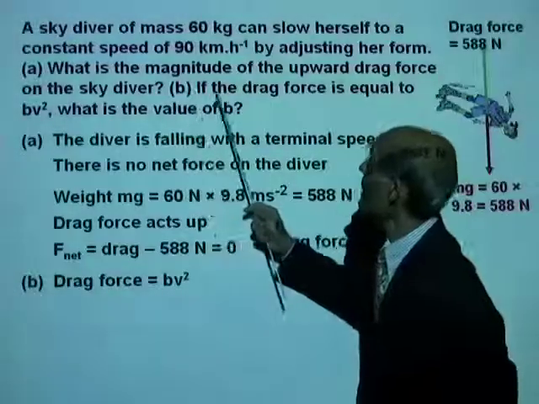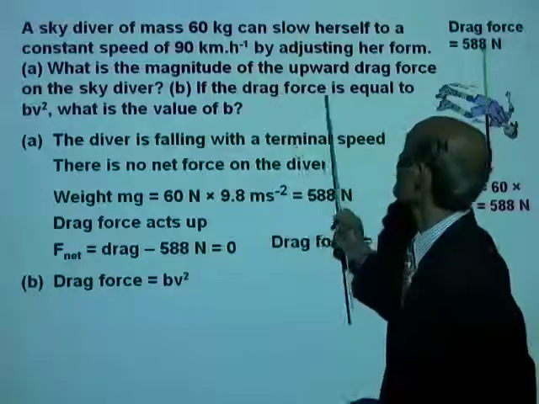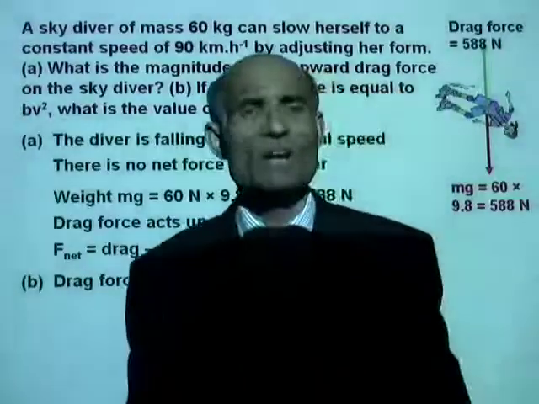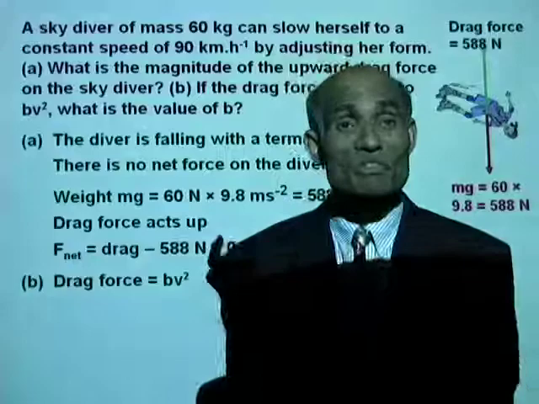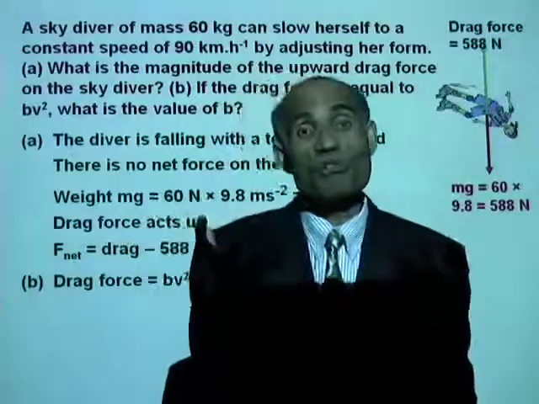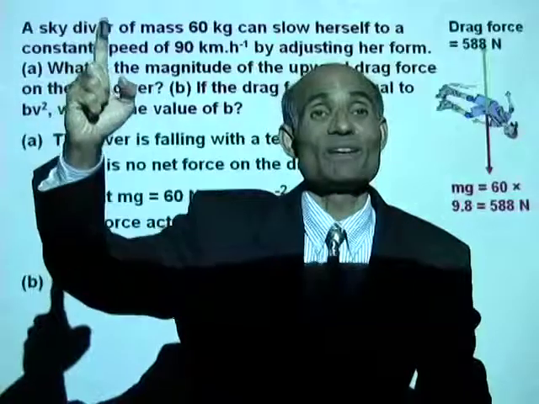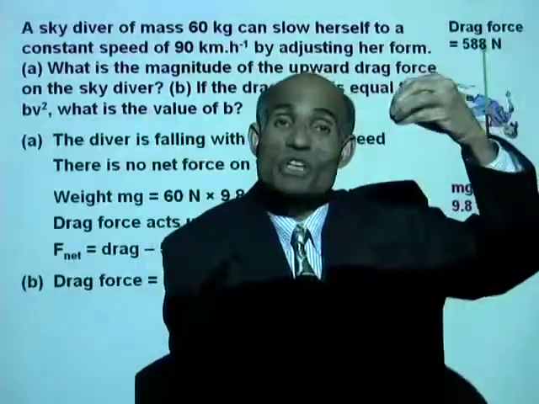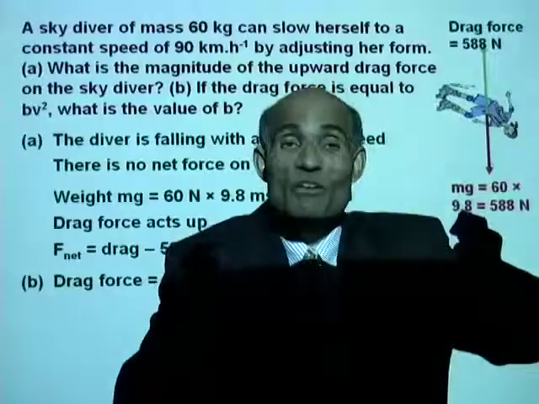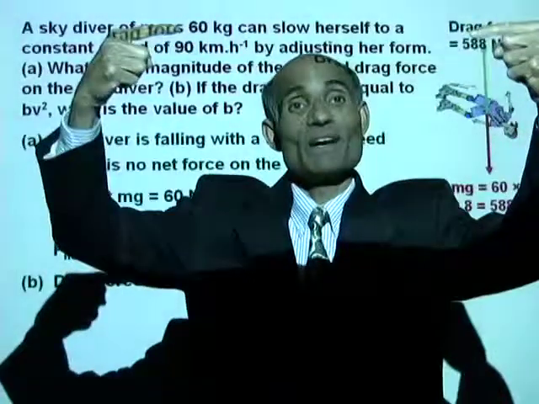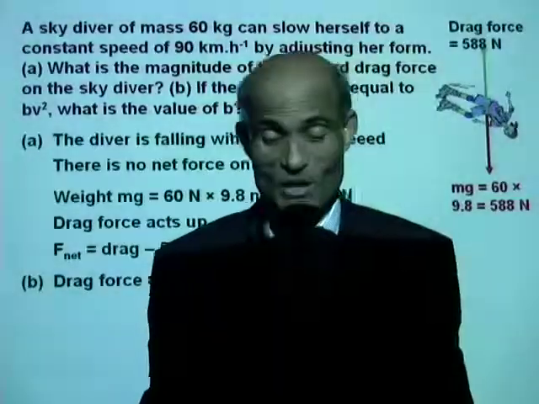Alright, now the second part is if the drag force is equal to bv squared. What does that mean? In this case, the drag force is proportional to the square of the velocity. That means as the velocity increases, the drag force will increase not linearly, but according to the square of the velocity.